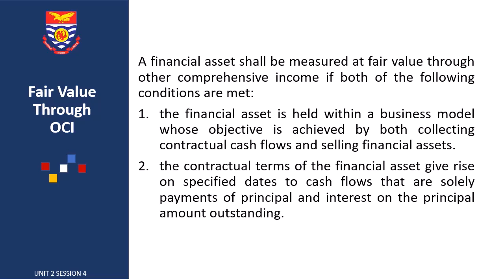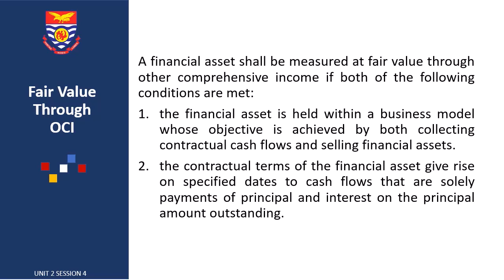So we have the financial asset is held within a business model whose objective is achieved by both collecting contractual cash flows and selling the financial asset. So here, the business model is that you want to collect contractual cash flow. At the same time, you are looking forward to selling the financial asset if opportunity presents itself.